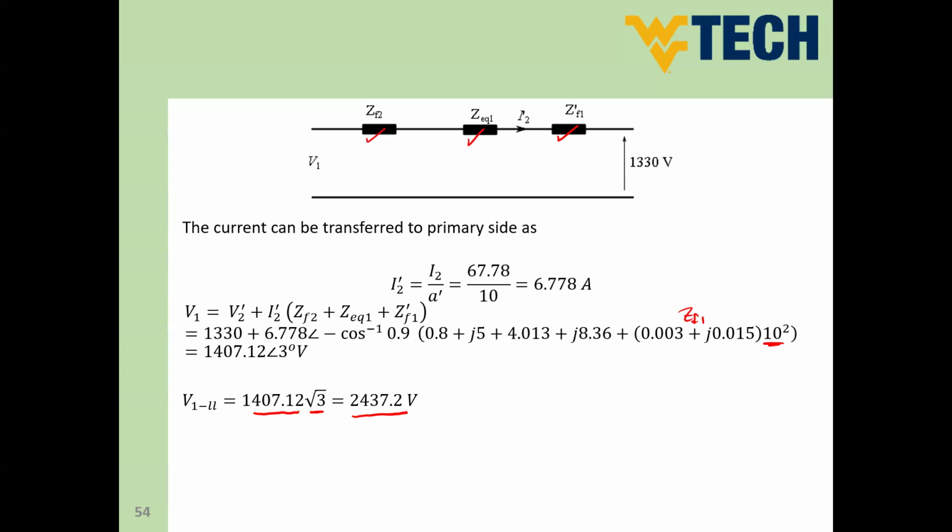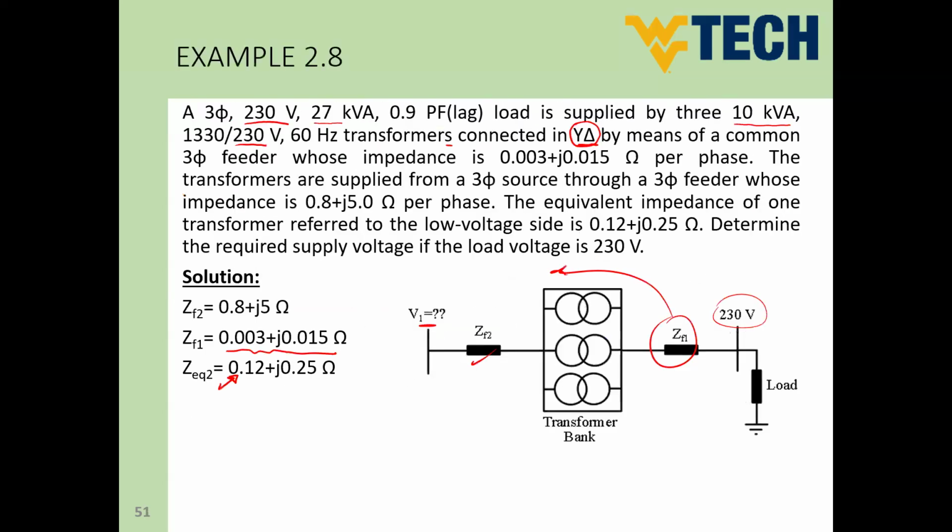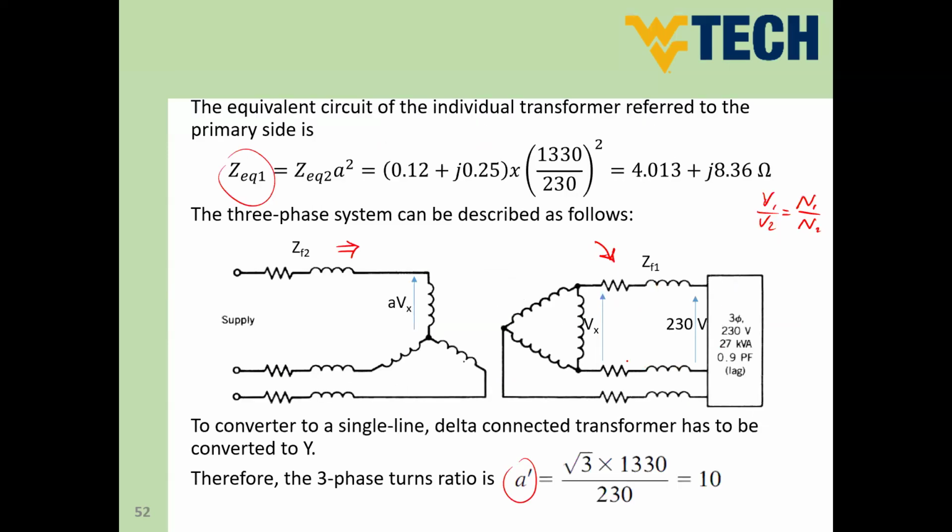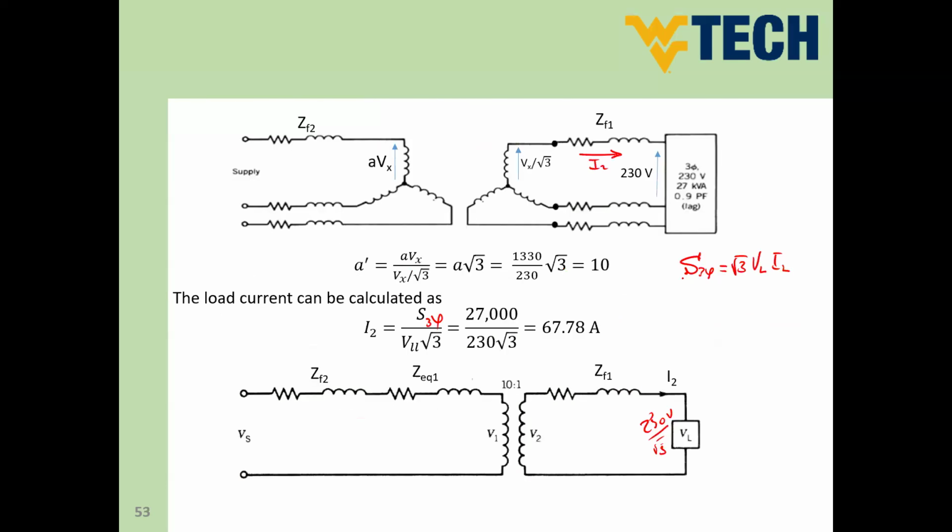Again, let me summarize. How did we solve this question? Firstly, drawing this schematic will help you to figure out what is on the primary side and what is on the secondary side. So this is very important. Mention the values, then start drawing the three-phase connection of your transformer and other network, and then draw the converted connection in order to provide the voltages and currents.